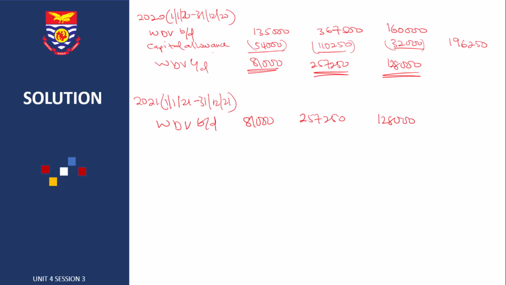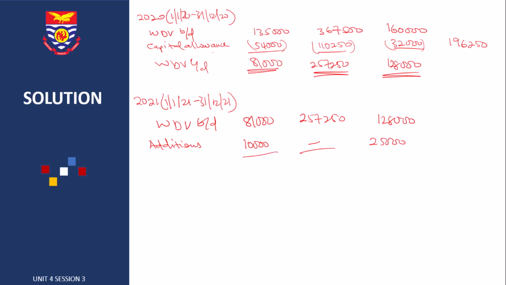During 2021, some transactions took place. So we have additions. We bought a printer for 10,000 and printer falls under class 1. So we put it here. We also bought fixtures and equipment, 25,000. So we place it here, class 3. There was no transaction in terms of class 2 assets.